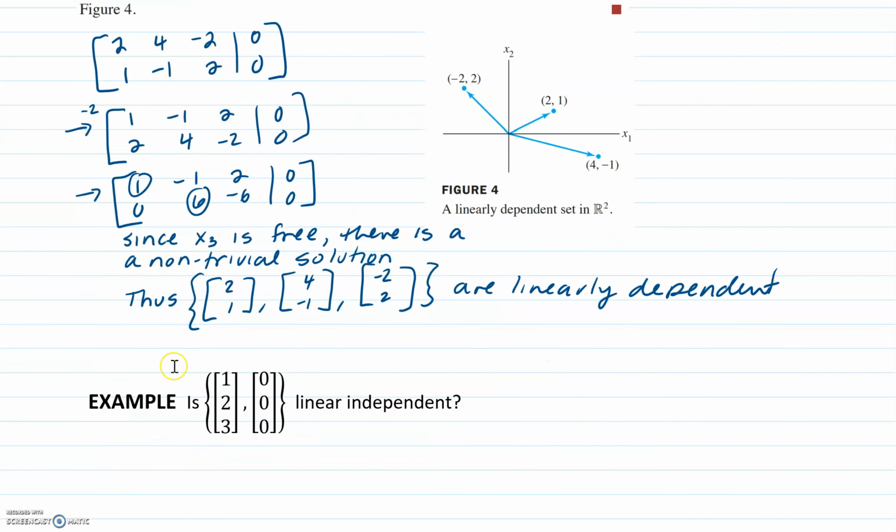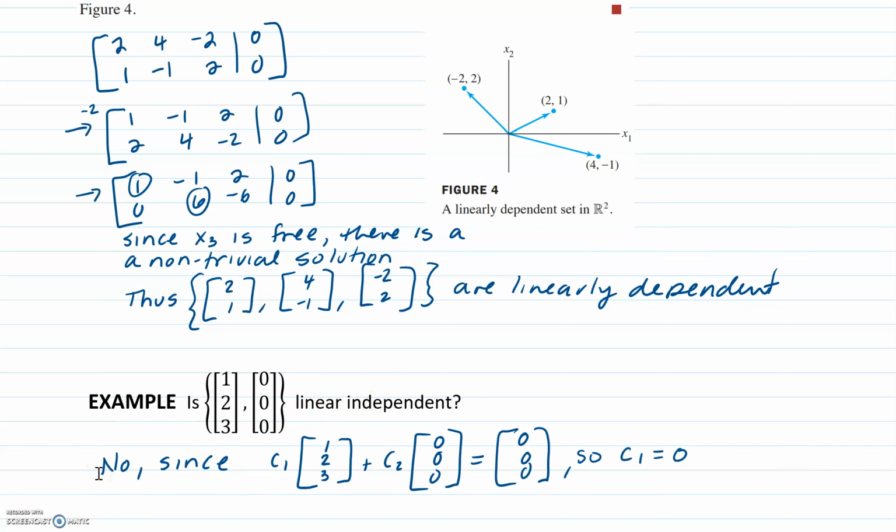Our last theorem tests the dependence of a set that has a 0 vector. So before we look at the last theorem, let's look at this example. Are the 2 vectors in R3, (1, 2, 3) and (0, 0, 0), linearly independent?